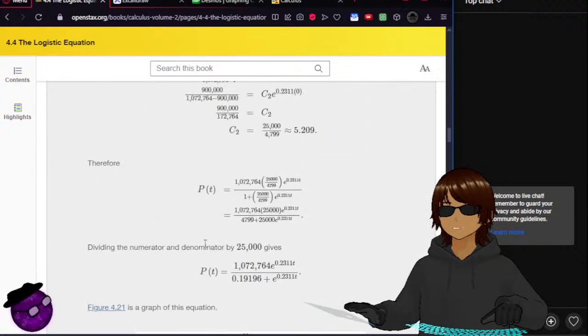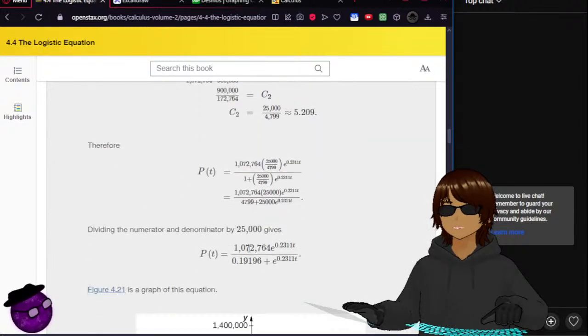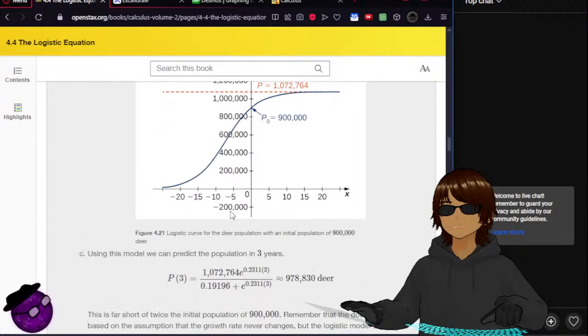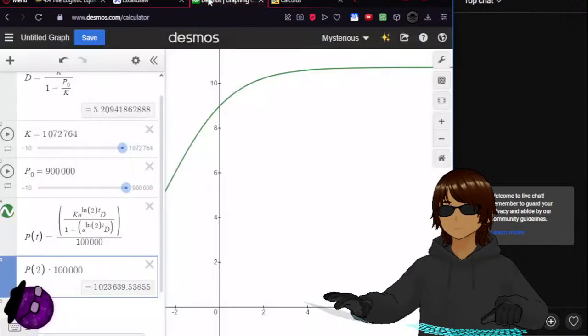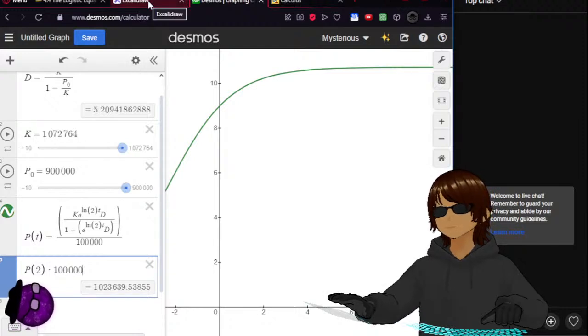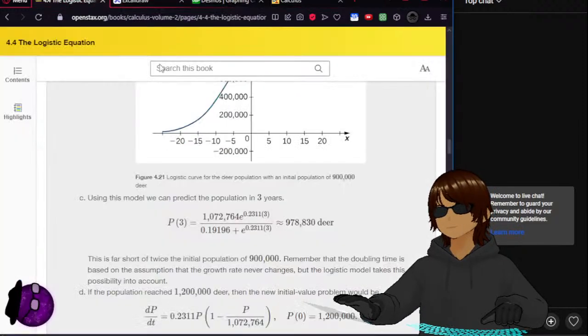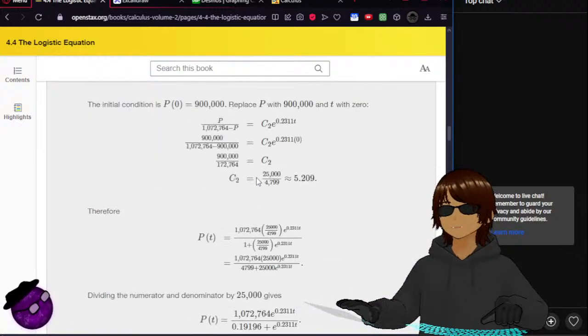What's the dividing this number by? I don't understand. The constant is correct.